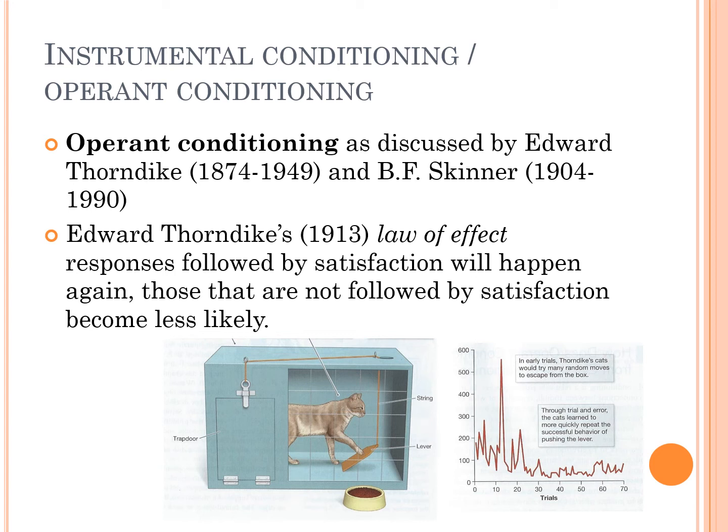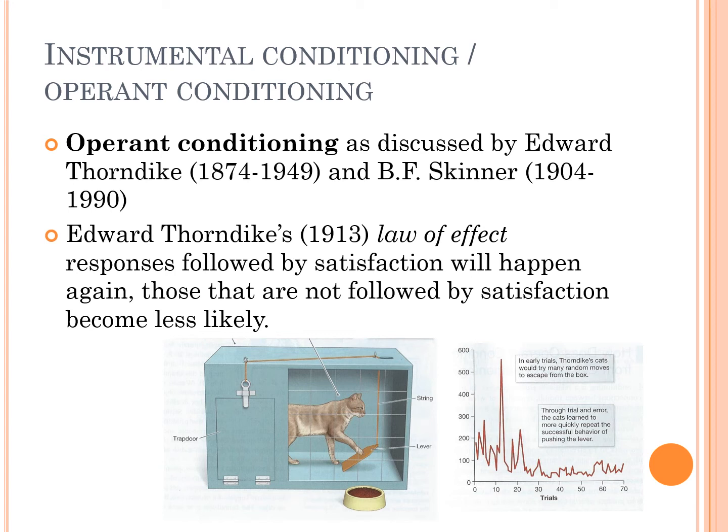This was really discussed by Edward Thorndike and B.F. Skinner. It comes from Edward Thorndike's 1913 Law of Effect, where he says responses followed by satisfaction will happen again. Those that are not followed by satisfaction will become less likely.